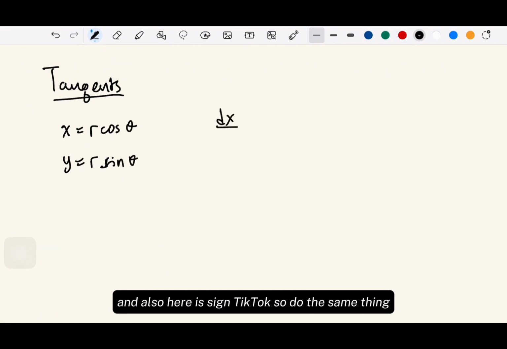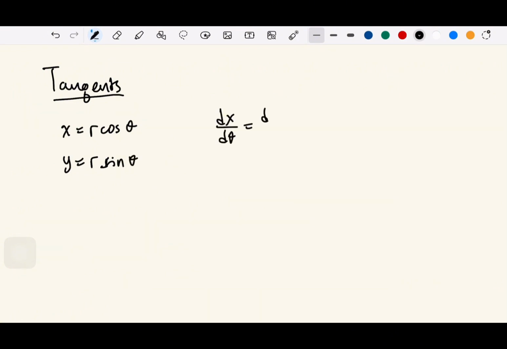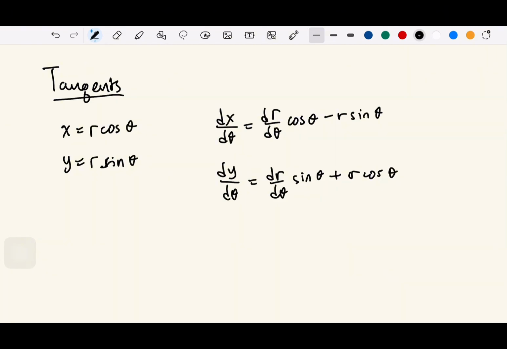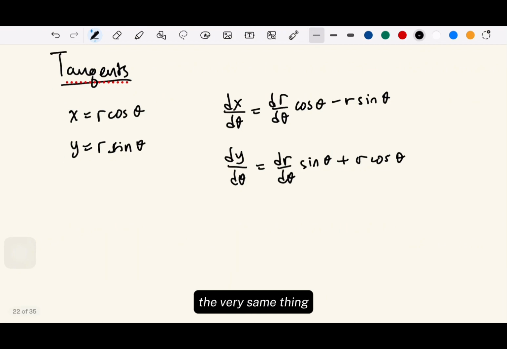So do the same thing. And then take another one. Okay, and then the very same thing, taking dy dx as our tangent.